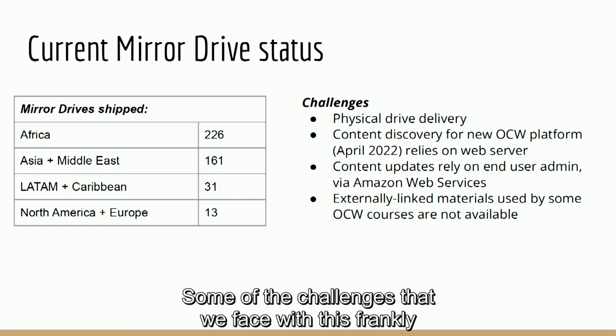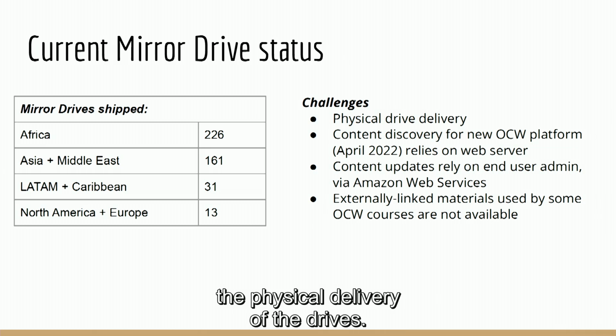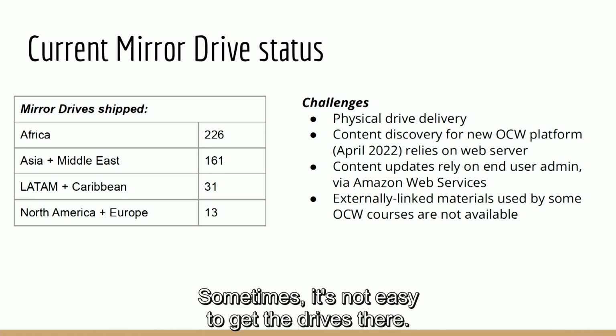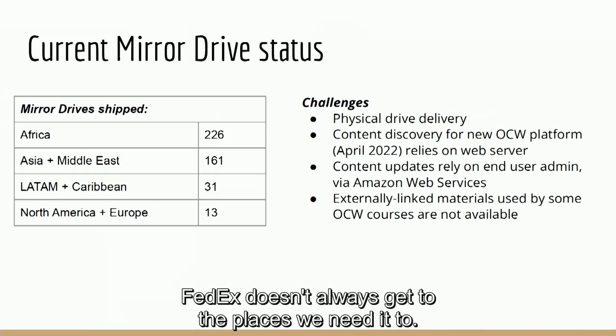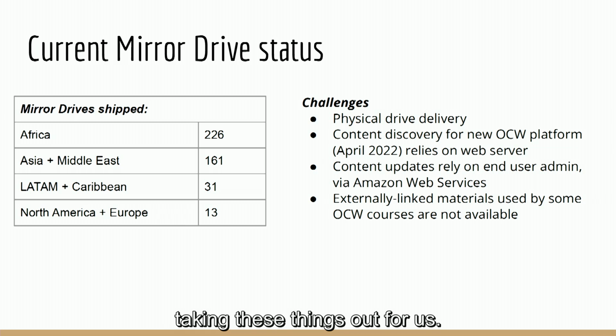Some of the challenges that we face with this, frankly, 20th century solution, the physical delivery of the drives. Sometimes it's not easy to get the drives there. FedEx doesn't always get to the places we need it to, so often it's human couriers that are taking these things out for us.